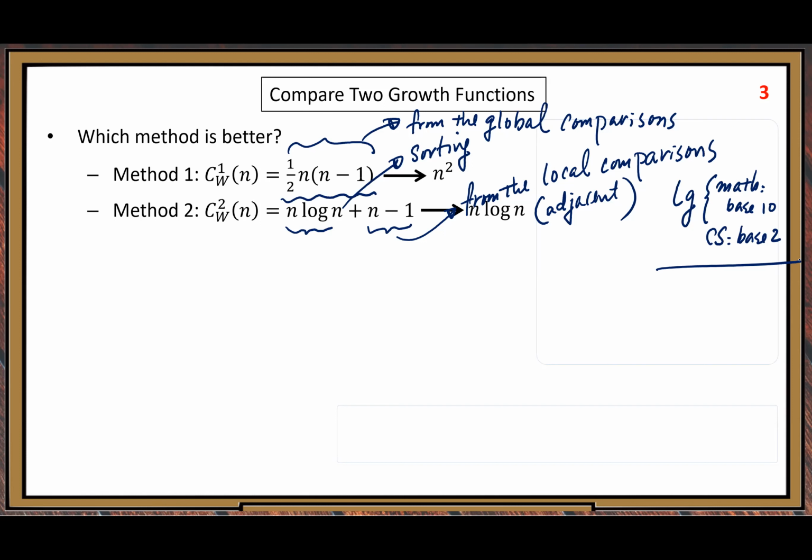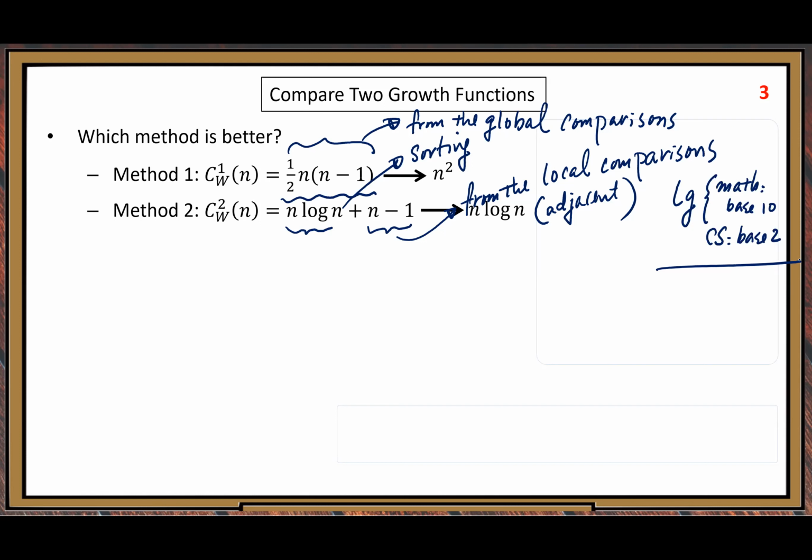Now here I use log, and I didn't specify any log base. Usually it means the specific log base is not important. The reason we do not specify is that it's not that important.